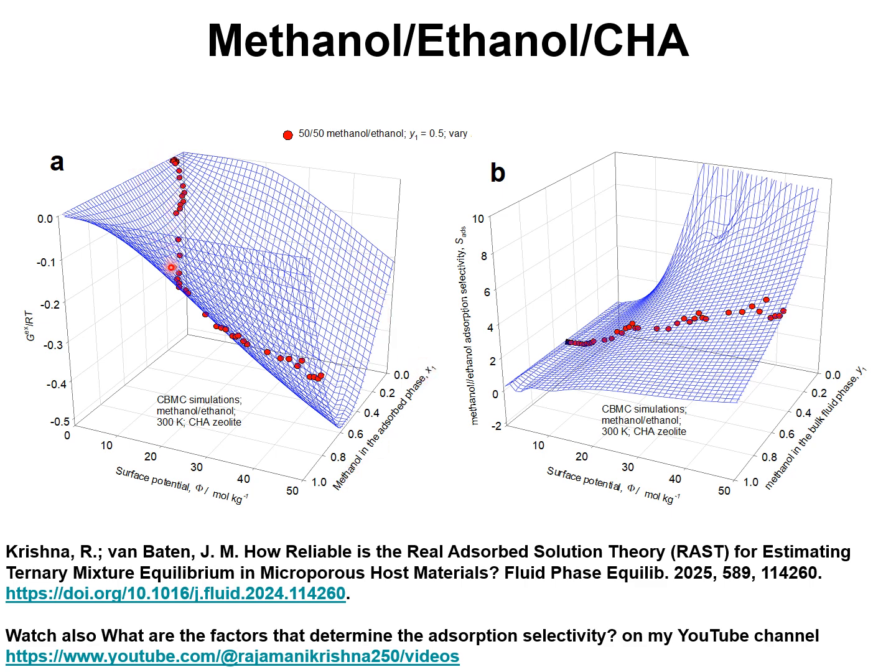The excess Gibbs free energy is a function of both phi and x1. The adsorption selectivity of methanol with respect to ethanol is dependent on both phi and the composition in the bulk fluid phase. And you see that the CBMC data shows a smooth and monotonic dependence on these two parameters. Details are in my paper cited here.